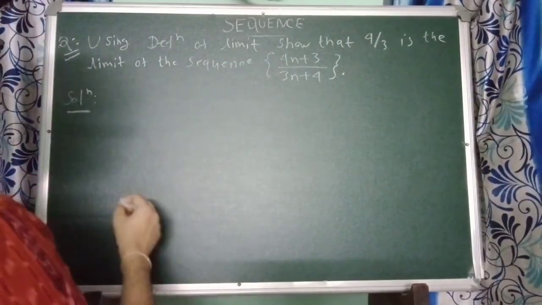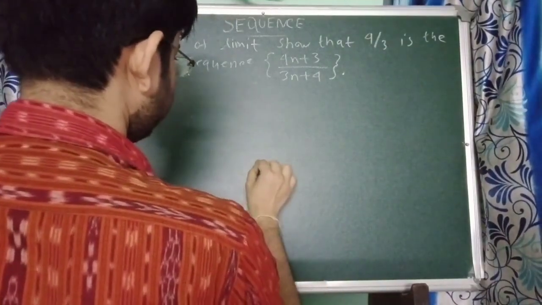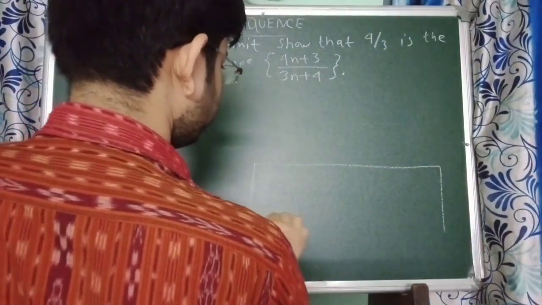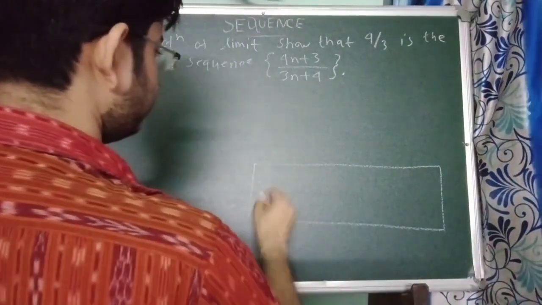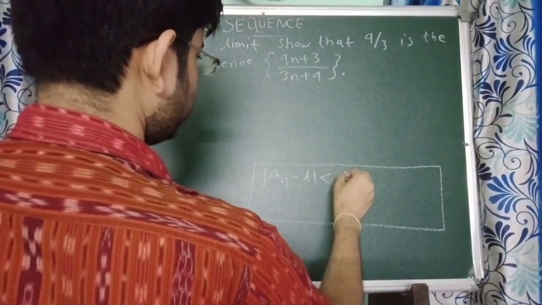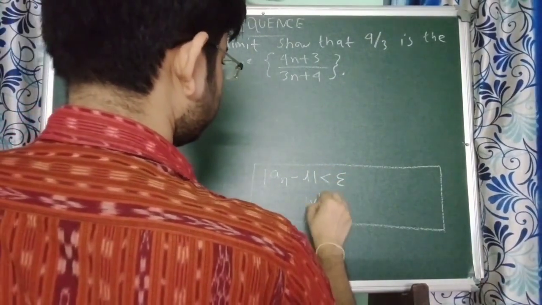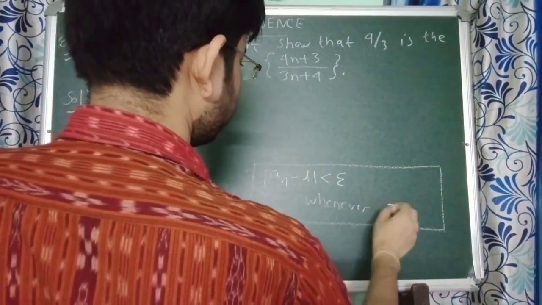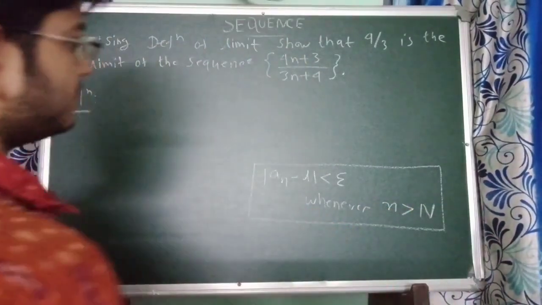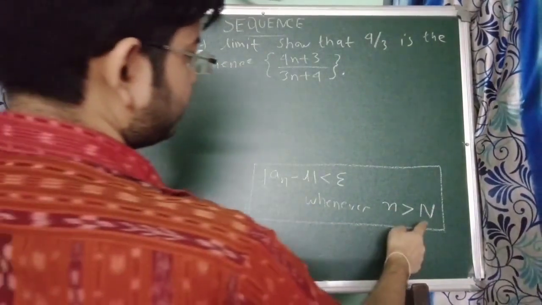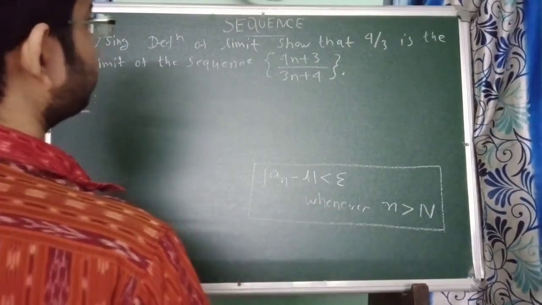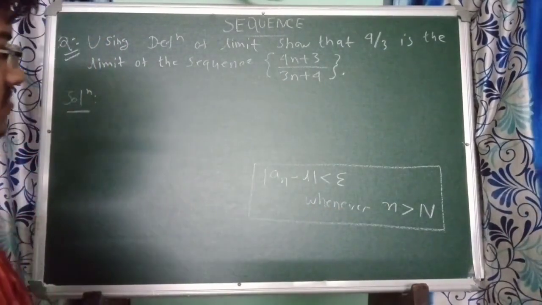Now by definition, we show that |a_n minus L| is less than epsilon whenever n is greater than some capital N, then we say that L is the limit of the original sequence.